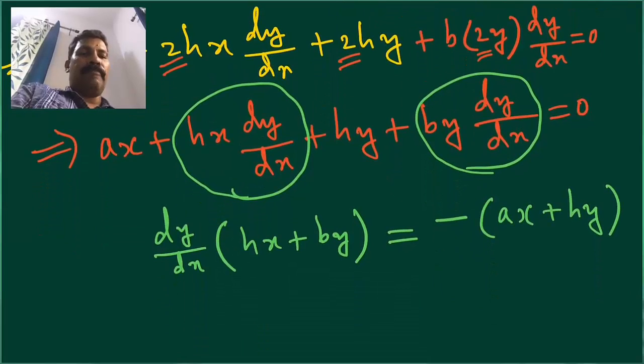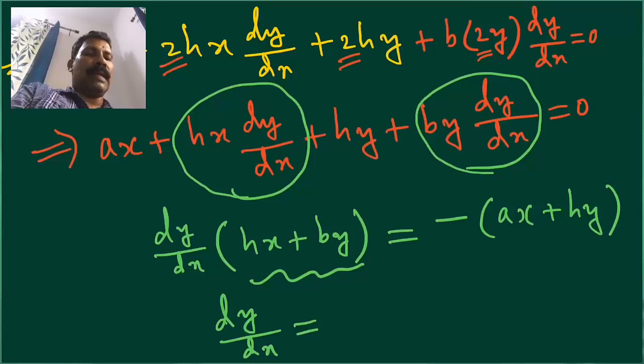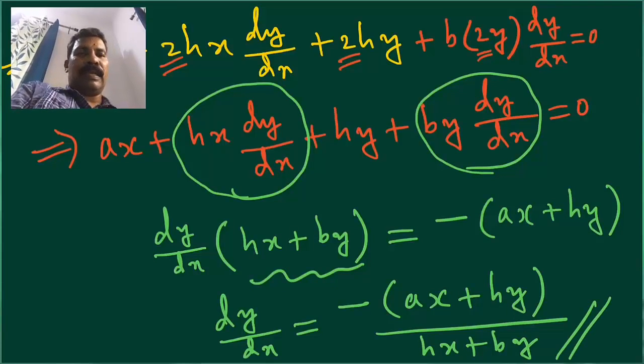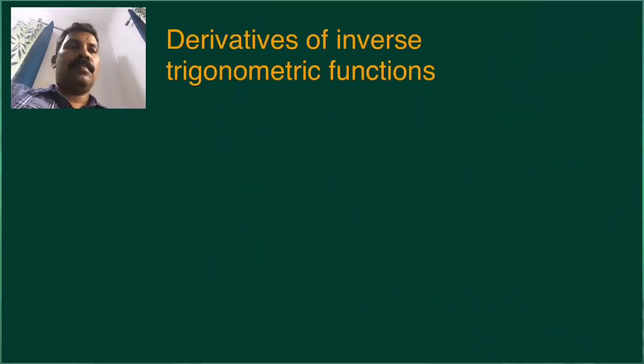In the last step, we can find dy by dx by transferring this hx plus by to the other side. Then it will be one division. So that is negative ax plus hy divided by hx plus by. So this is the answer, that is the required derivative.